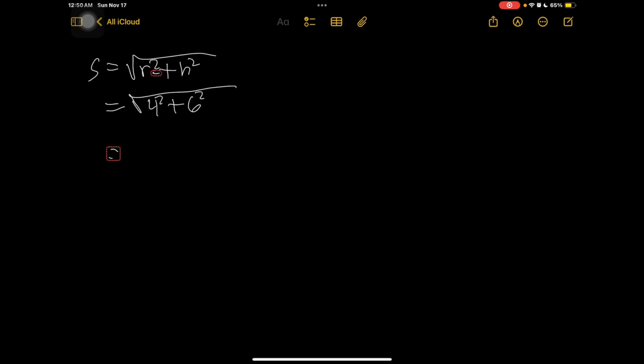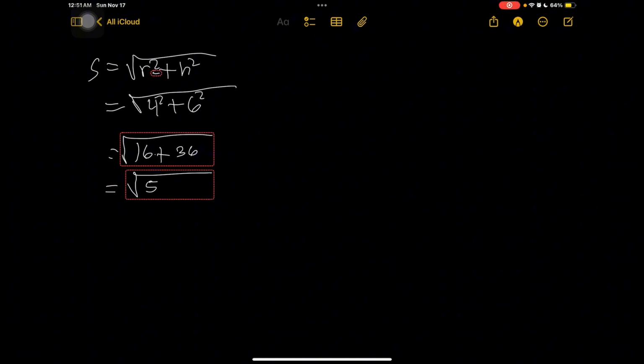So 4 multiplied by 4 is 16 plus 6 multiplied by 6 is 36. And you add them together. So 16 plus 36 is equal to 52.